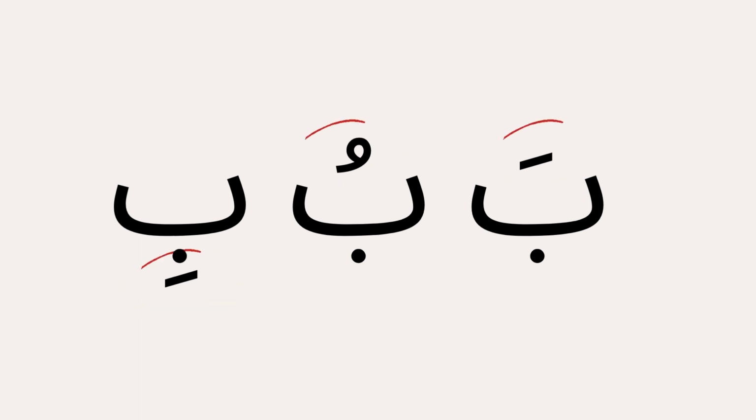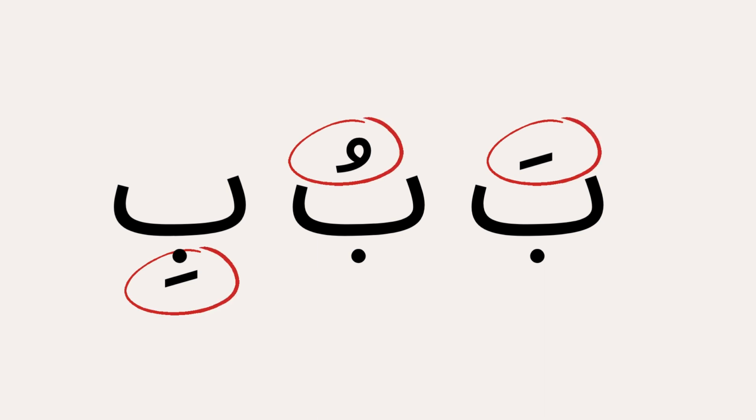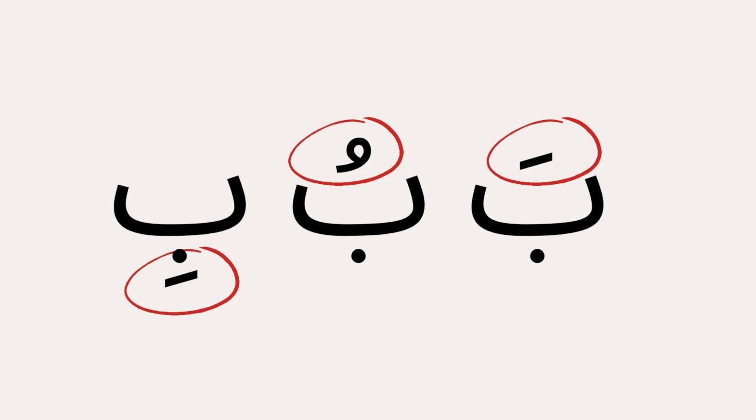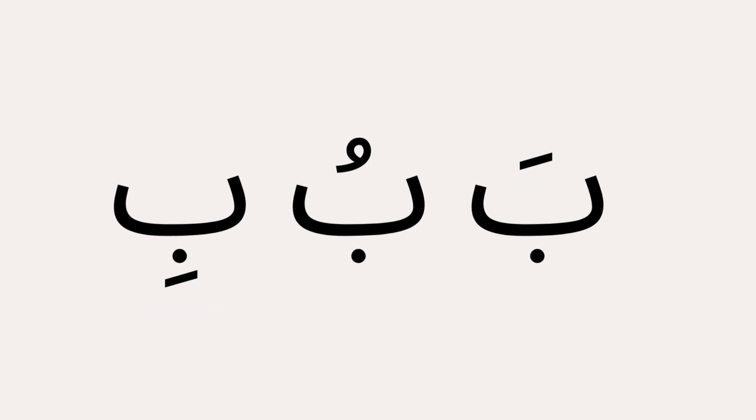And the third one is a little dash put under the letter, and it produces the E sound. So if we see this little dash below the letter, we know that we will pronounce it with an E sound. So it will be bi.